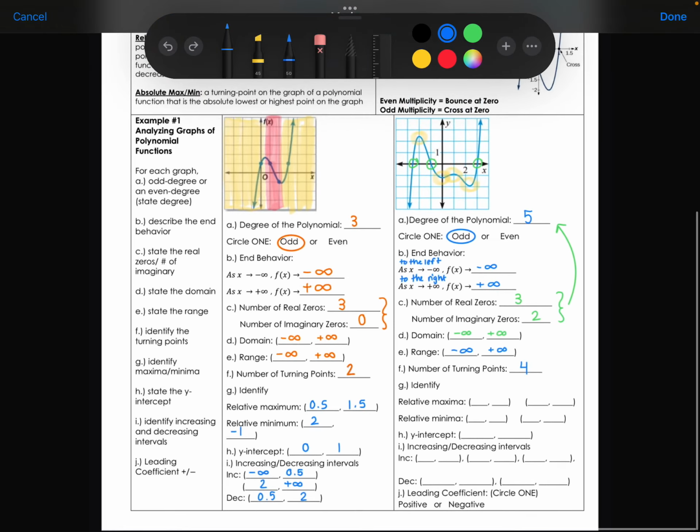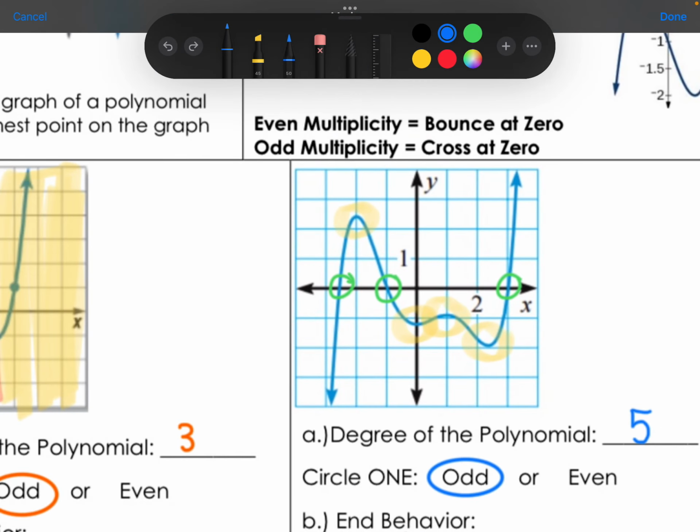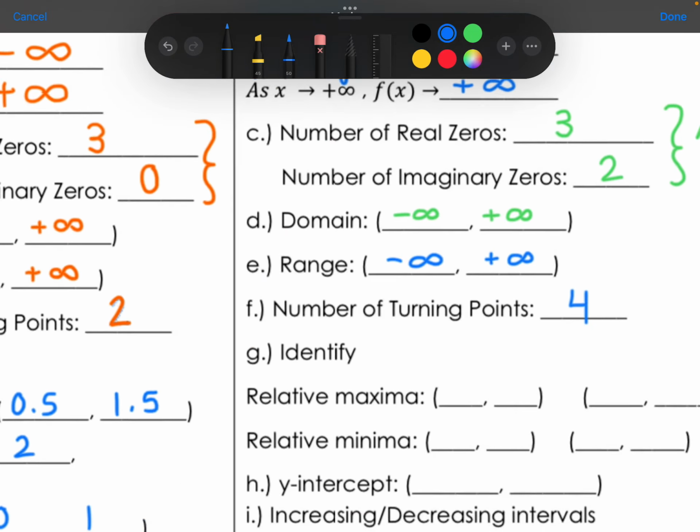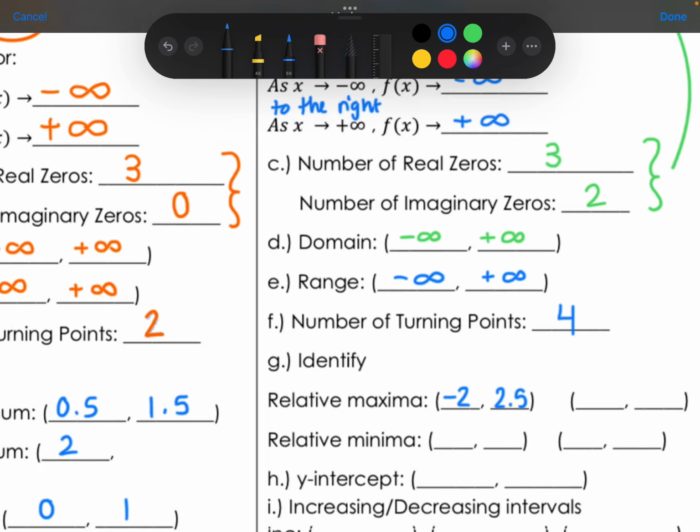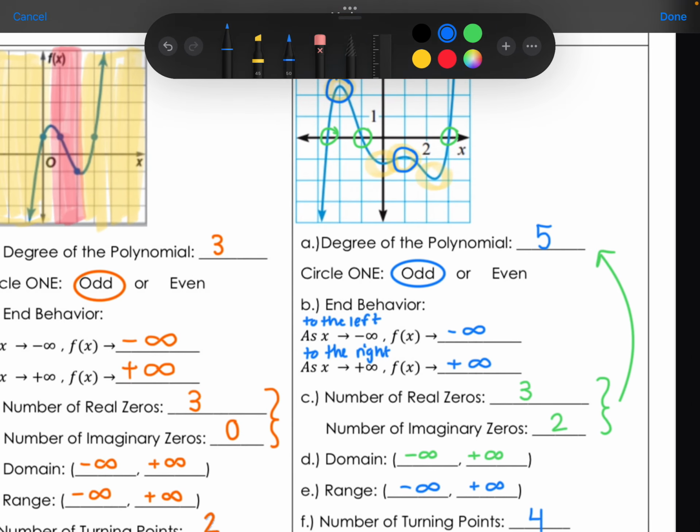Relative maximums. So we have a maximum here and here. All those turning points are either going to be relative maxes or relative mins, one or the other. So we have one occurring at -2, comma 2.5. And then we have another one occurring at 1, comma -1.